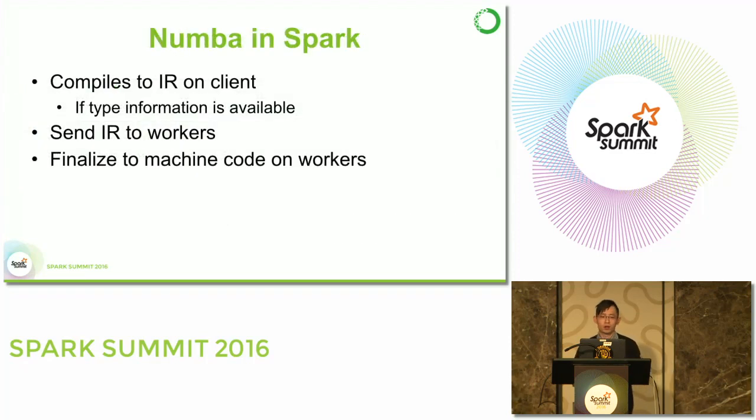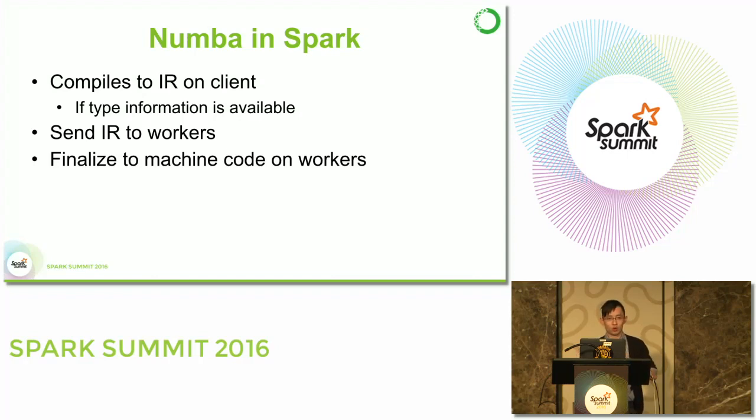When you use Numba in Spark, what happens is, if type information is already available, like when you use vectorized, I can show that you can provide the type information there. It will compile your function into LLVM IR on the client. So it's once, where you run your PySpark. And then it would send those IR to the workers, which would get finalized into machine code specialized for the CPU on those workers.